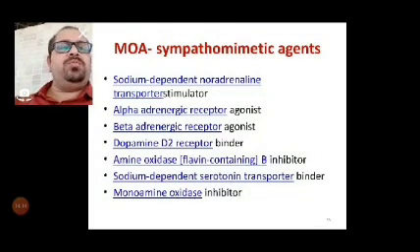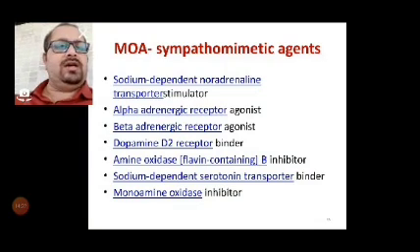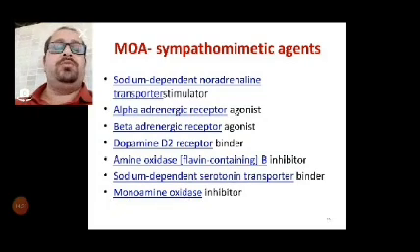The mode of action of sympathomimetic agents is varied because they act on a lot of receptors. All of you know that sympathomimetic agents act via the ANS. It is a sodium dependent noradrenaline transporter stimulator. The second way it acts is as an alpha adrenergic receptor agonist.